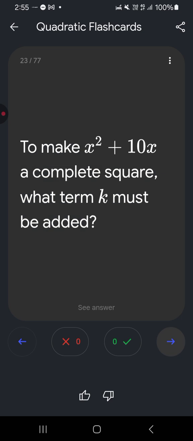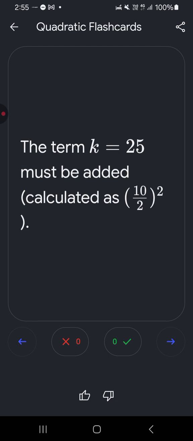To make x square plus 10x a complete square, what term k must be added? The term k is equal to 25 must be added, calculated as 10 divided by 2 and then squared.